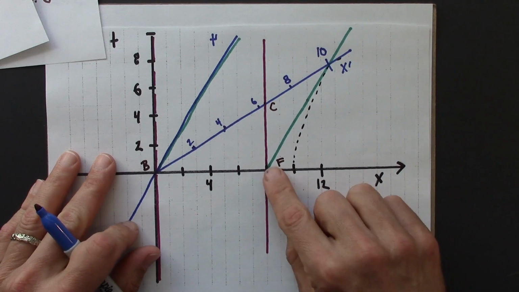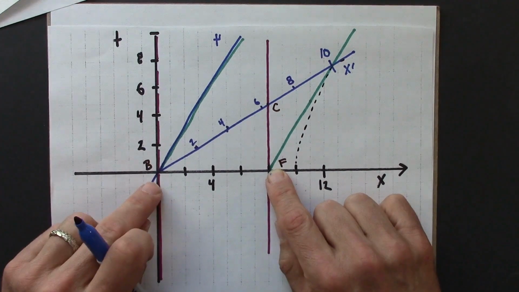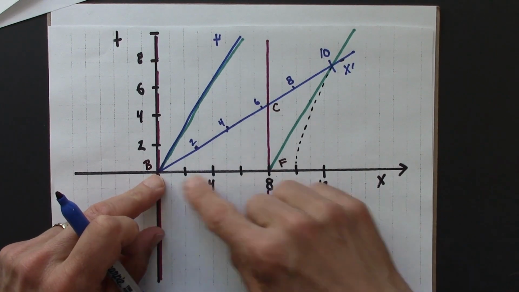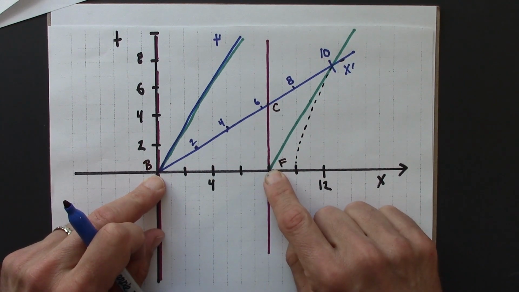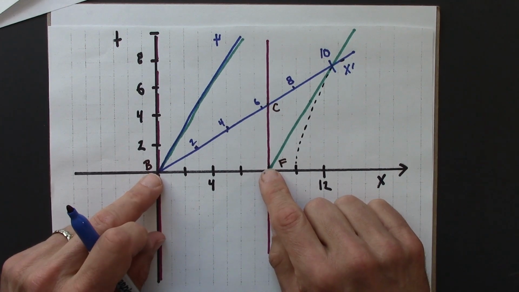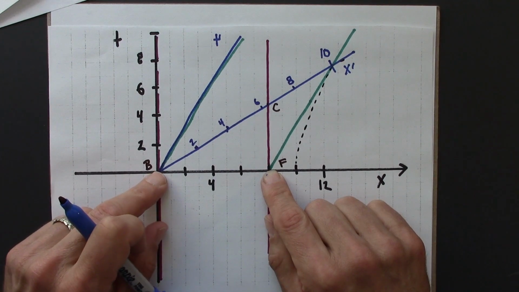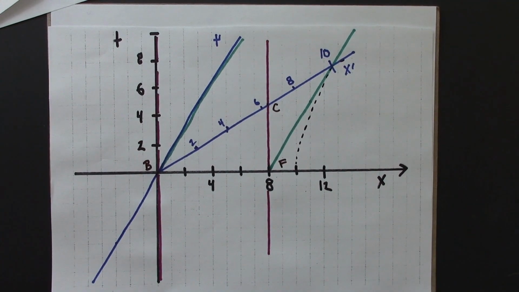In particular, let's focus on event F. The thing to notice here is that event F is not simultaneous with event B in Beowulf's frame. These events are simultaneous in Anna's frame. She sees the front and the back of the stick lining up with the front and back of the barn at a particular instant in time. But for Beowulf, he's going to see something very different.